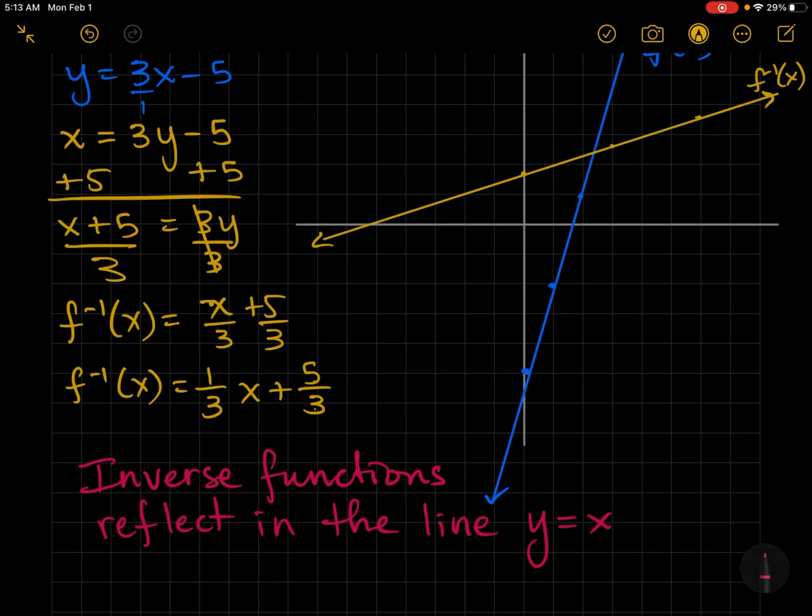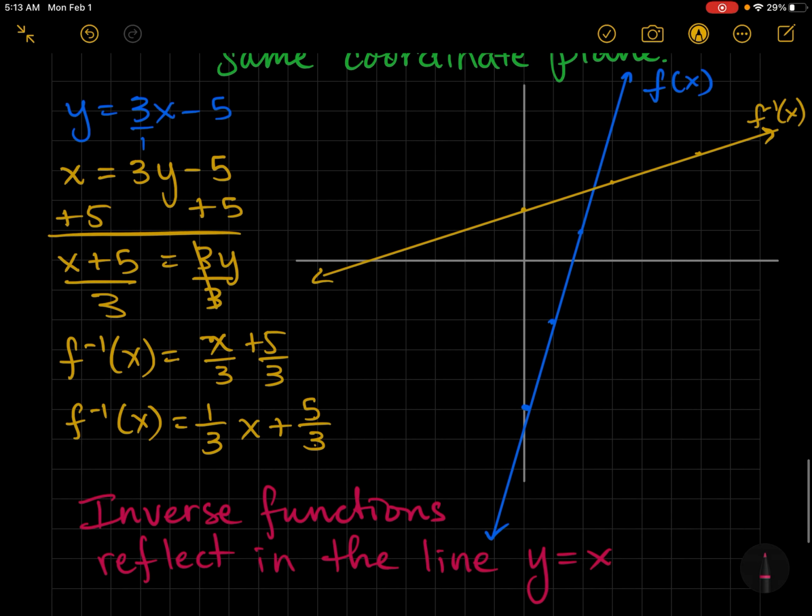So I'm going to just do a dotted version of y equals x so you can see what I mean, reflect or mirror. Y equals x has an intercept of 0 and a slope of 1, up 1 over 1, up 1 over 1.